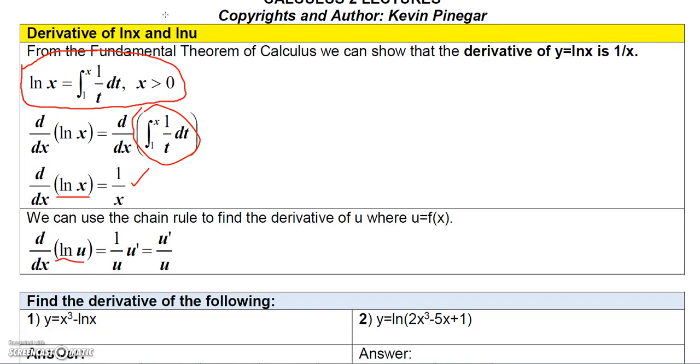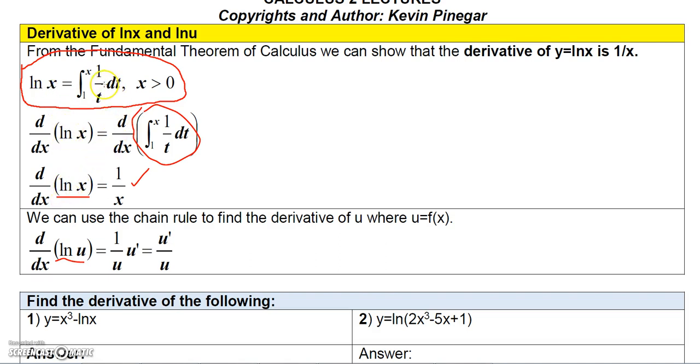Okay, now, from the fundamental theorem of calculus we know that when we take the derivative of an integral, we really just get the function that's in the integral. So if I wanted the derivative of natural log of x, well, let's start with the definition: natural log of x equals the integral from 1 to x of 1 over t dt. If you took the derivative of the left side, you just have the derivative of natural log of x.